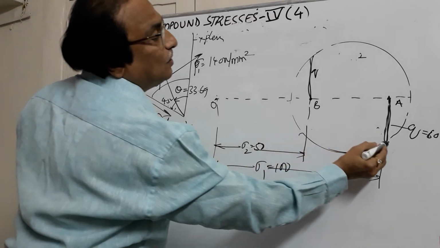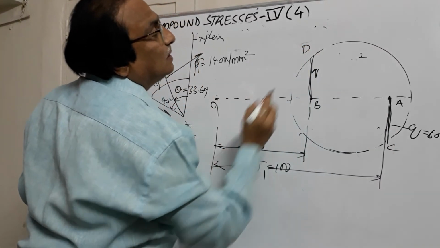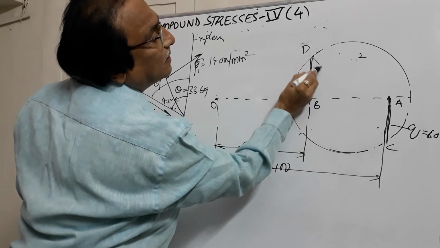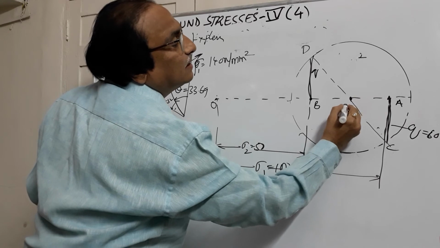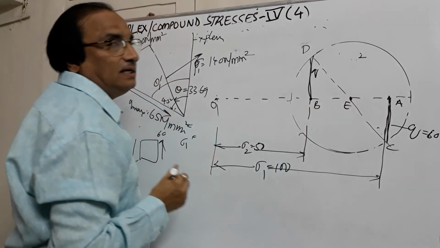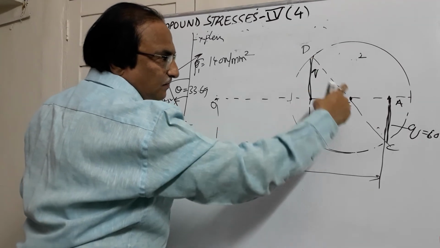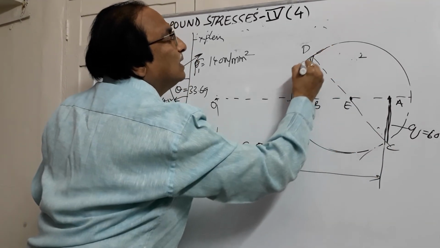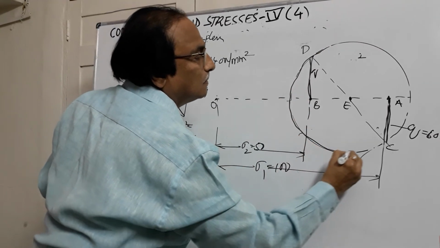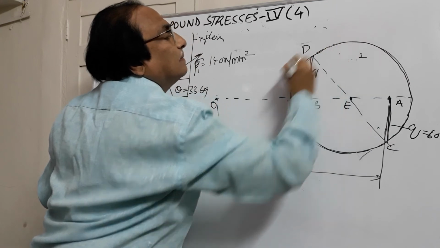So here, if I call this as C and D, then join CD, you get a center here. Suppose if I call it as E, with E as the center and radius of DE and DC, you draw a circle. Now you get a circle here. This circle is known as a Mohr circle.